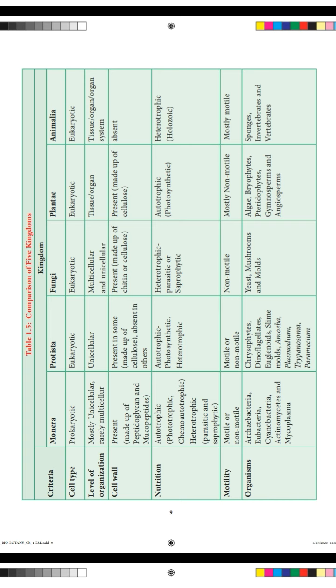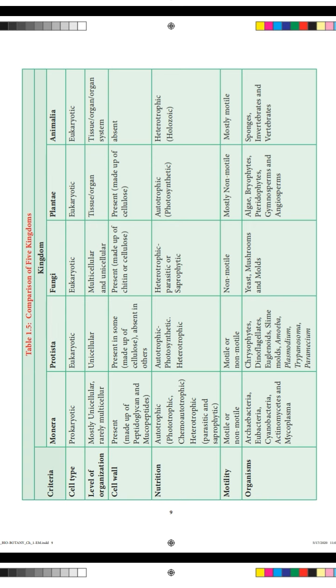Protista included unicellular eukaryotes. Fungi included both unicellular as well as multicellular non-green organisms. Kingdom Plantae included organisms which have tissues or organs. Animalia included organisms which have tissues and organ systems.